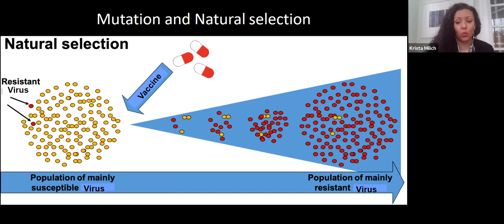Now, keep in mind, in order for this replication to happen, there need to be people that it's replicating in, right? There have to be people that are transmitting the virus and that the virus is able to replicate in. So I think a lot of people have been waiting for the vaccine as the savior that's going to take care of everything for us.